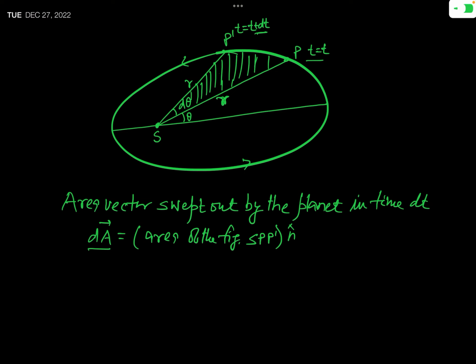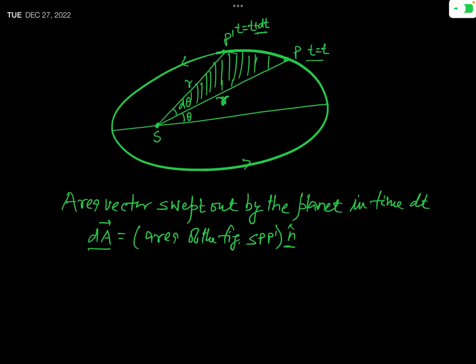So if the planet moves in the xy plane, then this n hat will be in the z direction, that is, k hat. But here I am not considering that the planet is moving in the xy plane. So in general, I am taking n hat as a unit vector perpendicular to the plane in which this area SPP dash lies.